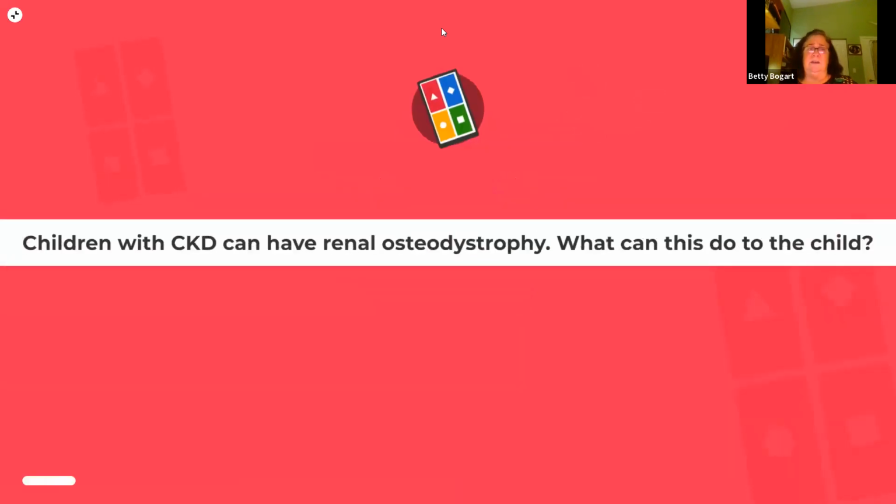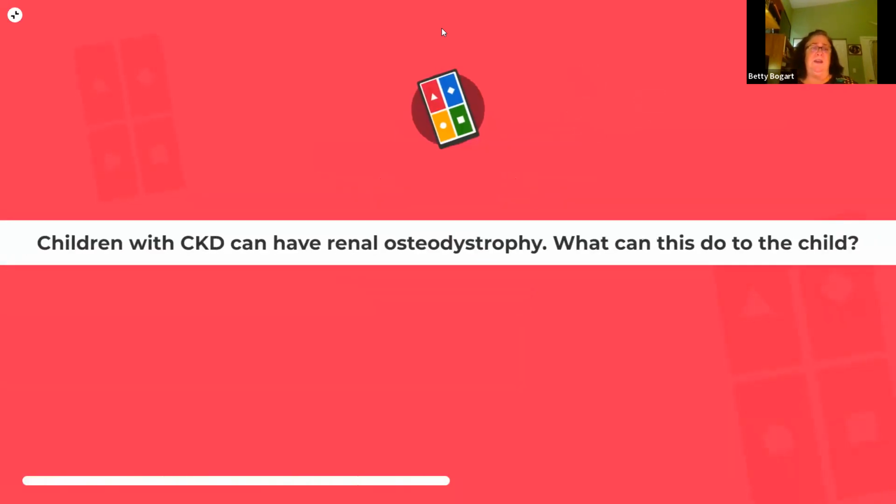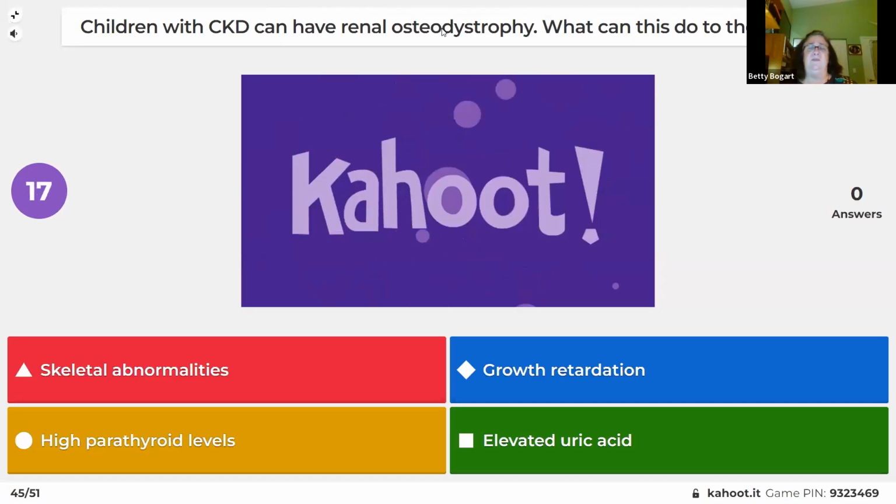A multi-select. Children with CKD can have renal osteodystrophy. What can this do to the child? Chronic kidney disease, renal osteodystrophy.